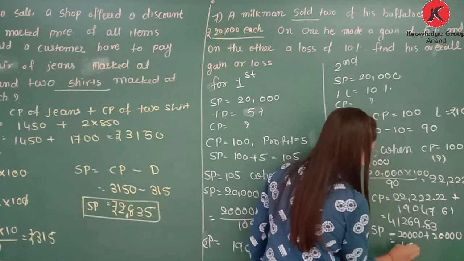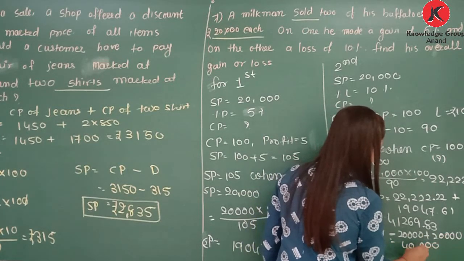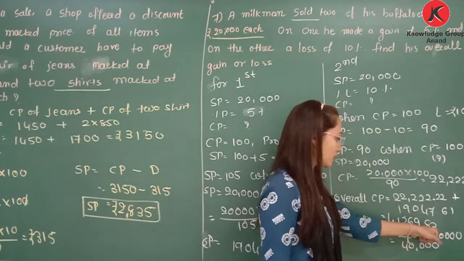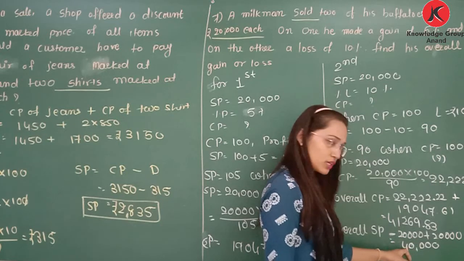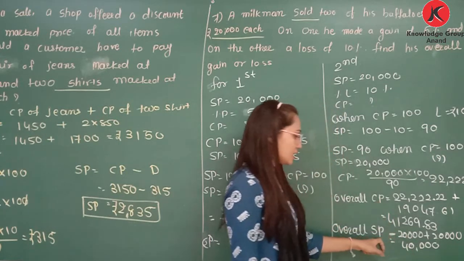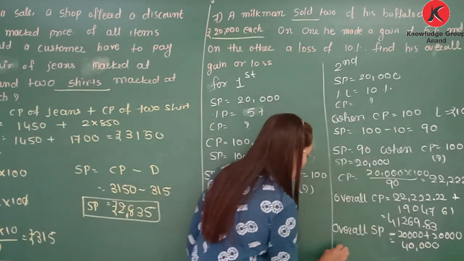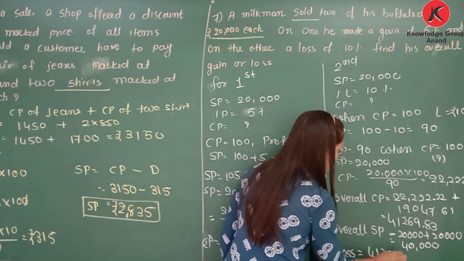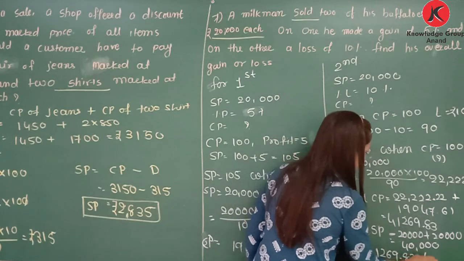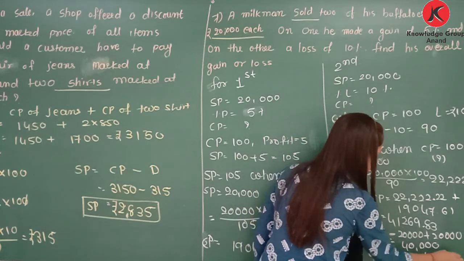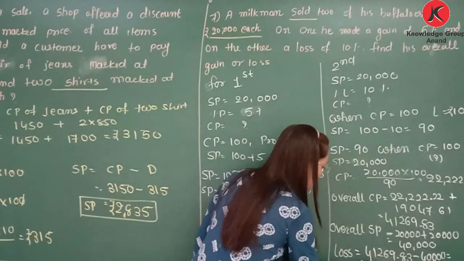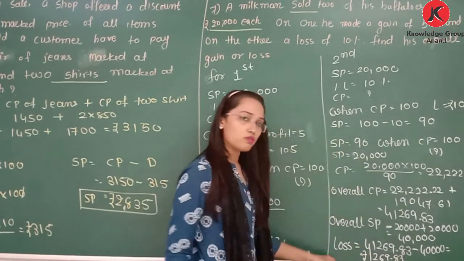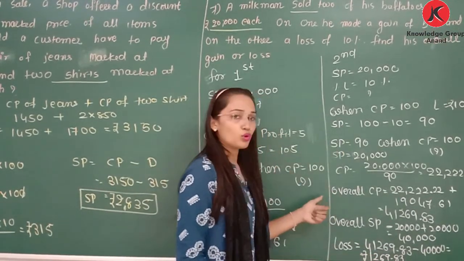So we have 40,000 SP. Cost price is 41,269.83 and selling price is 40,000. So CP is greater than SP. So we have a loss: 41,269.83 minus 40,000. So that is 1,269.83 rupees. Overall loss on both of the sets.